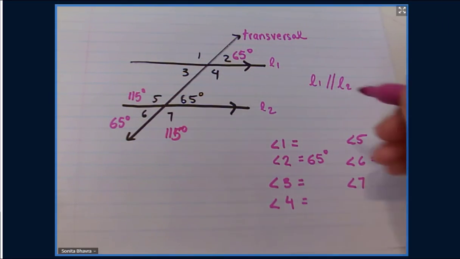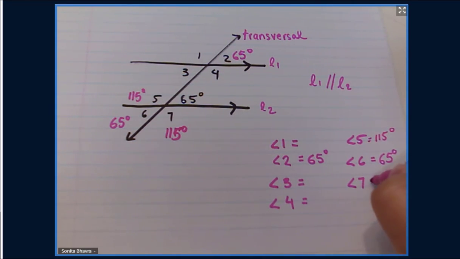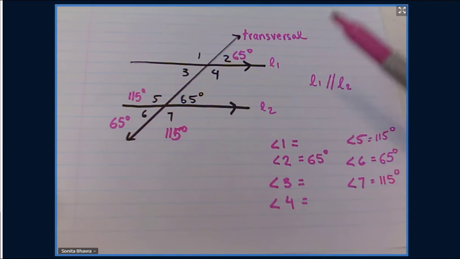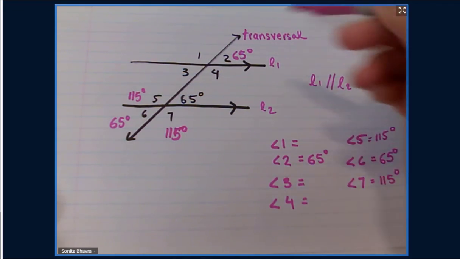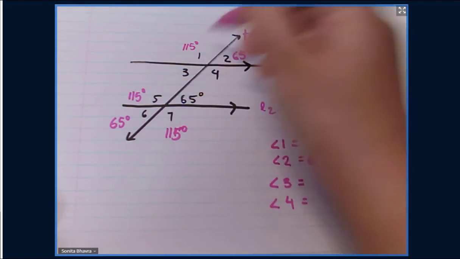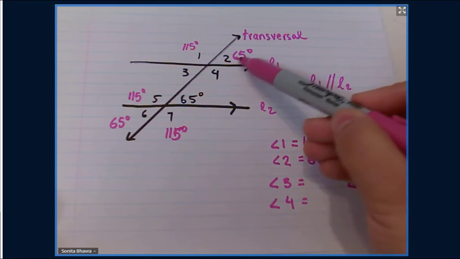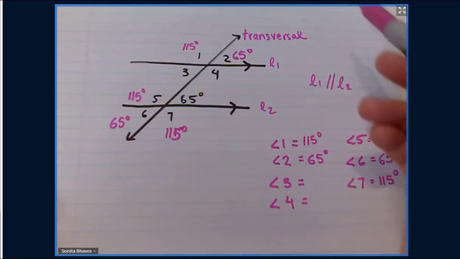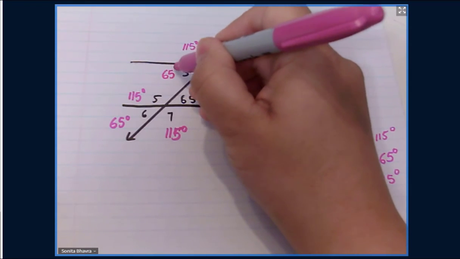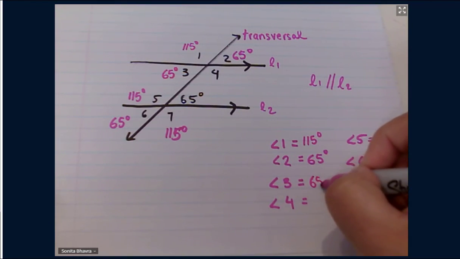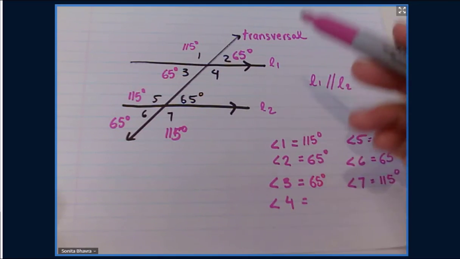So angle 5 is 115 degrees, and angle 7 is 115 degrees. Now, because of corresponding angles, we know angle 1 will also be 115 degrees. Angle 3 here, because of opposite angles, will be 65 degrees. And then angle 4 will be 115 degrees.